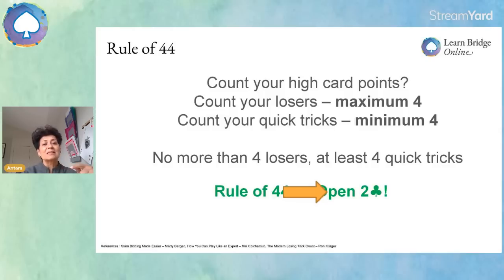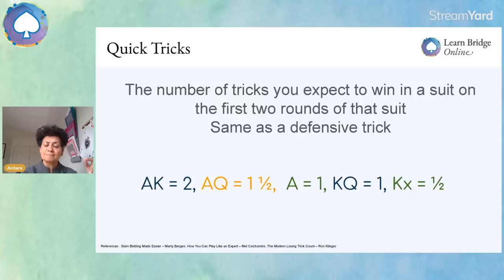But before we get into that, I wanted to talk to you about quick tricks. We had this discussion when we did the rule of 22, and I had a brief summary in terms of what quick tricks are. You'll probably remember this slide from that particular series.